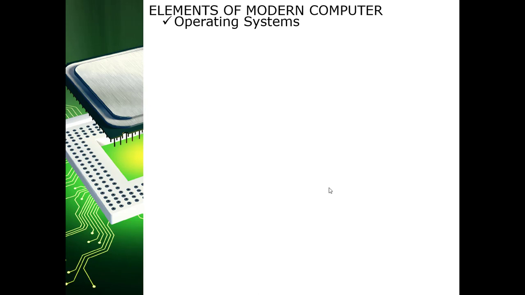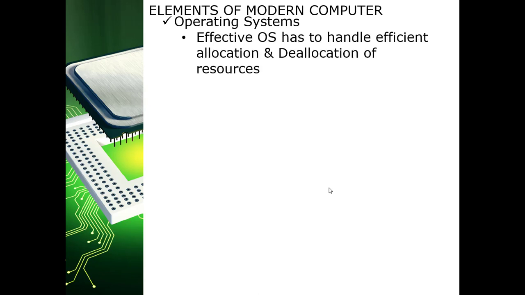Next, we have to take the operating system in detail. So what is an OS? We know well, an operating system is software which is used for controlling the entire computer process. The OS is controlling each device on a computer.